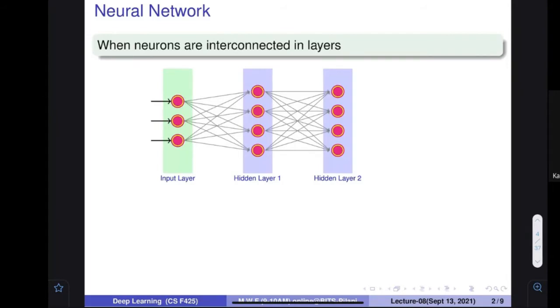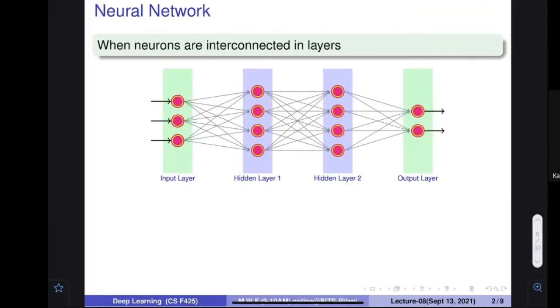For example, let's assume 4 things are here. Again, the same kind of architecture: every perceptron is connected in a fully connected way with every neuron in the previous layer. So this is the first hidden layer, and this is the second hidden layer.